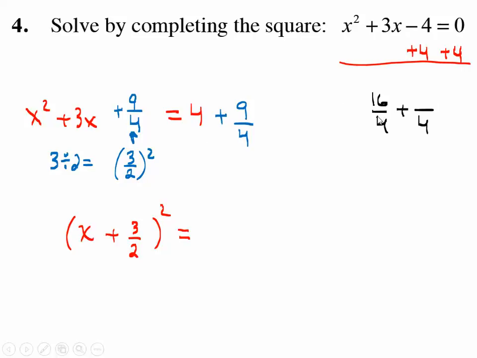That becomes 16 over 4. So multiply by 4 gives you 16. And this stays the same, so how about a 9 over here? And so how about 25 over 4?